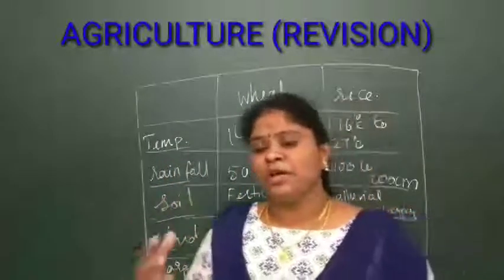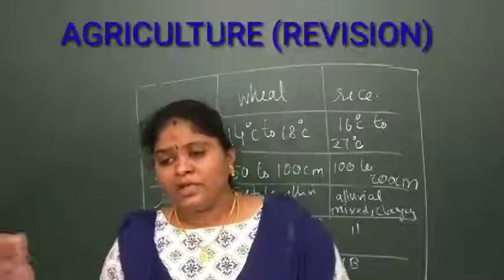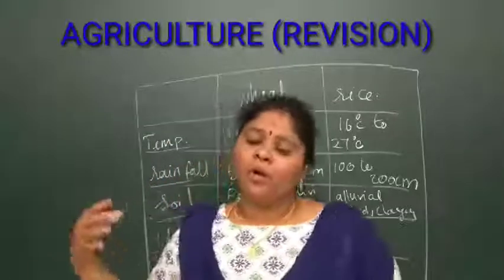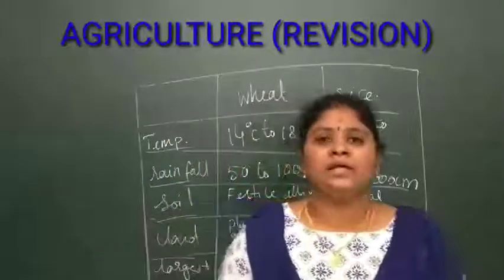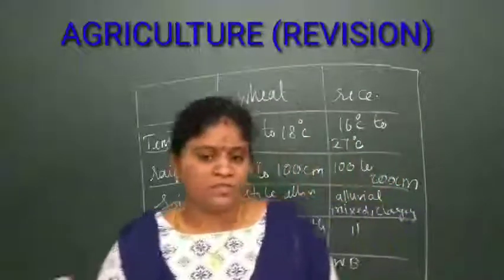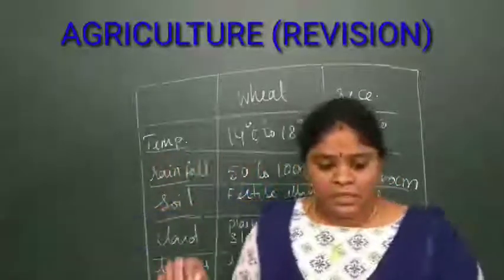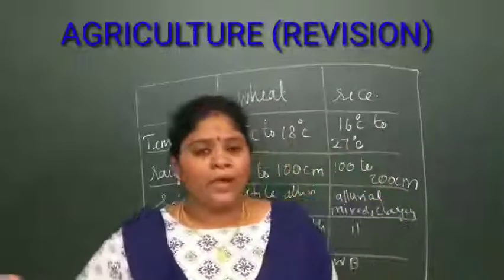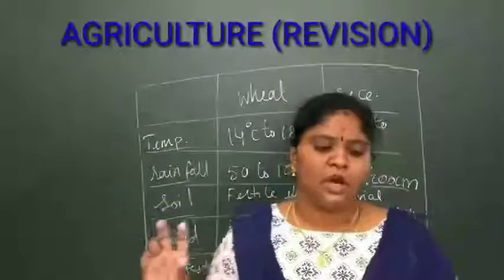Subsidy on agricultural inputs means that if the farmer wants to buy a pipe or a machine or something like that, the government provides some money, supporting the farmers. Then the government even provides fertilizers, government fertilizers.